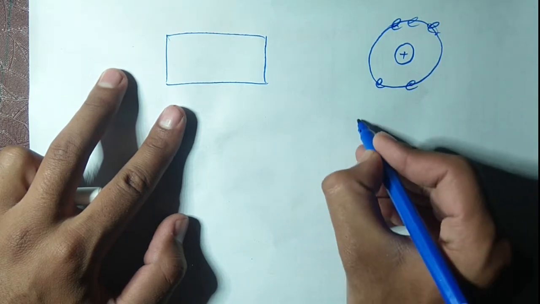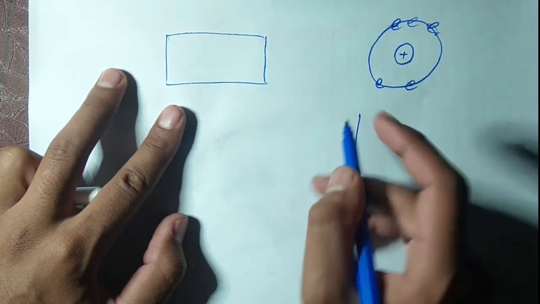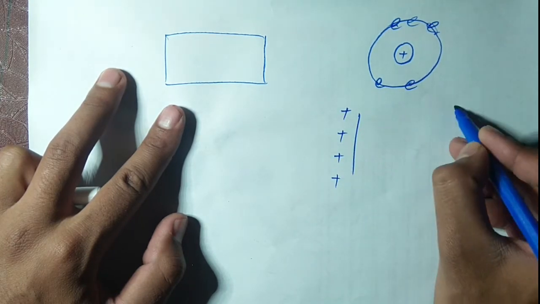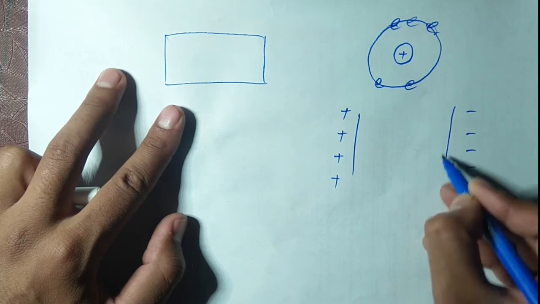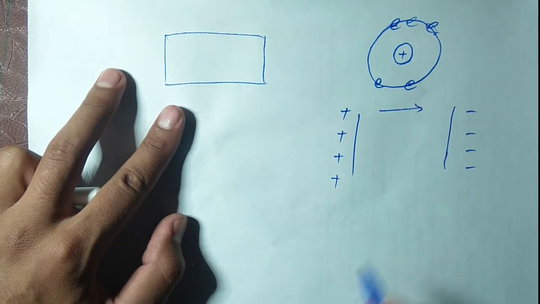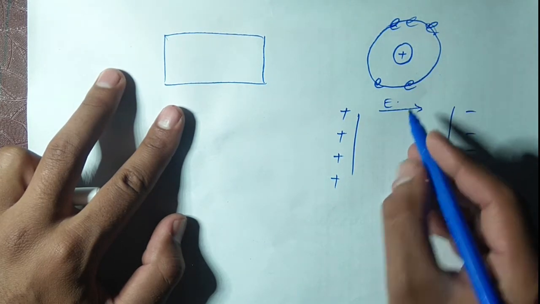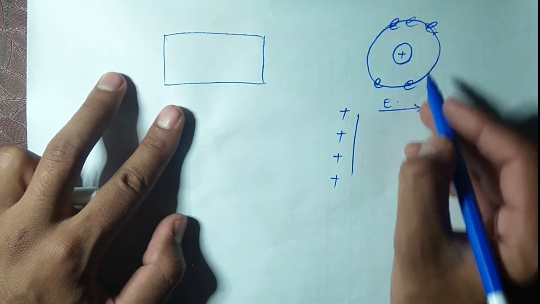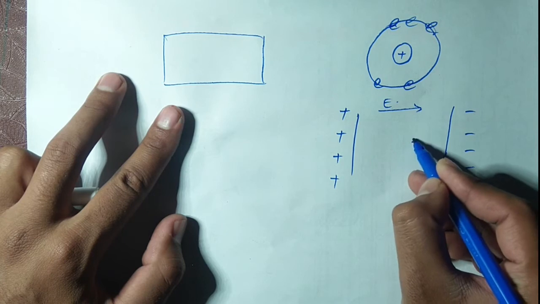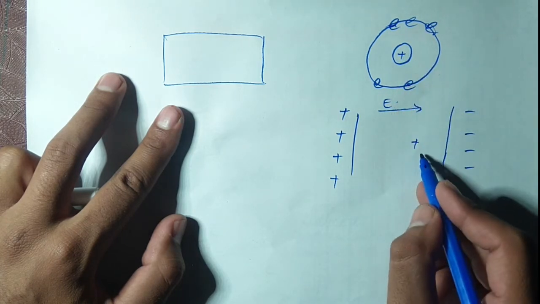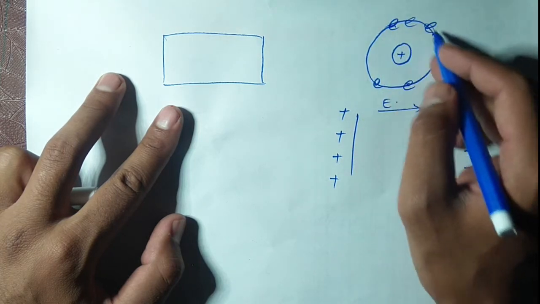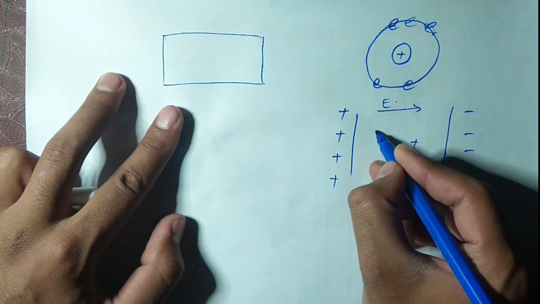When you apply an electric field, you put them in a field of some parallel plates, negative here. So there will be an electric field in this direction, E in this direction. When you place the atom there, the positive center of the nucleus will get attracted toward the negative plate. It will move slightly toward the negative one, and the electronic cloud will move in this direction.